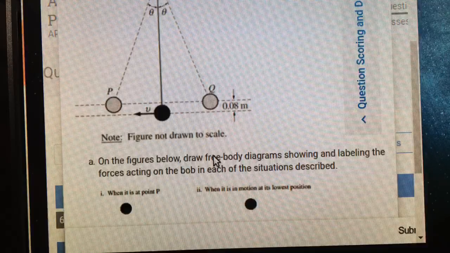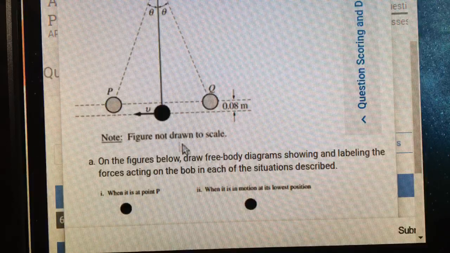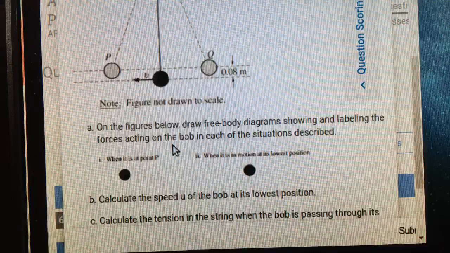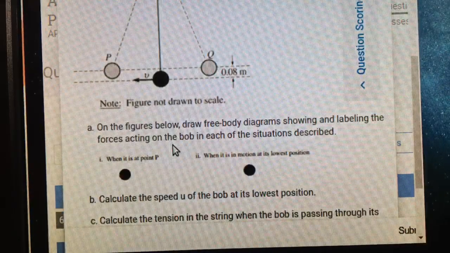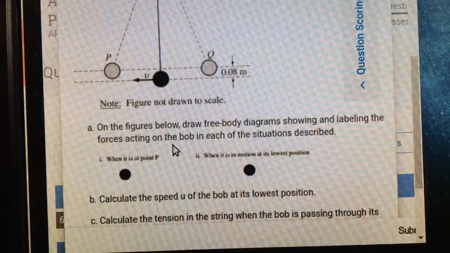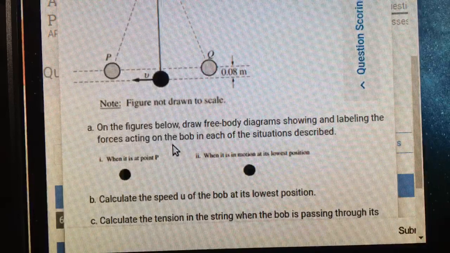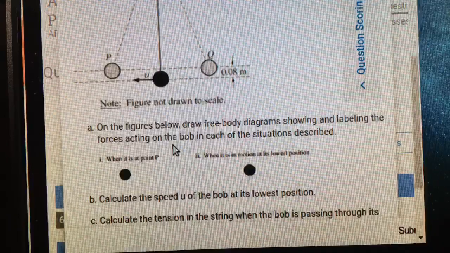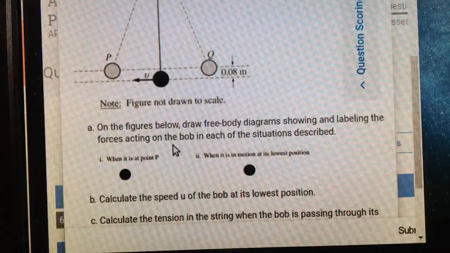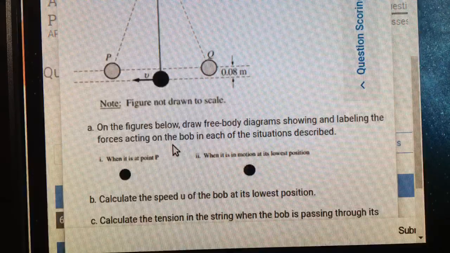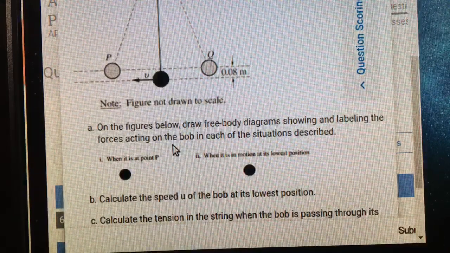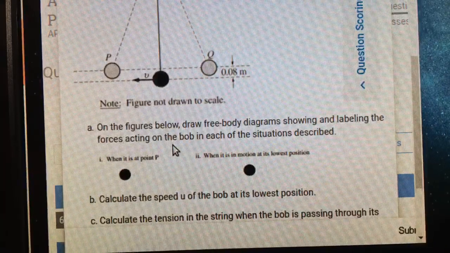All right, so this one, does it let you actually draw these on yours, or does it expect you to actually download the image and edit it somehow? Because I was not sure about this. Yeah, just use ASCII symbols to draw a free body diagram.